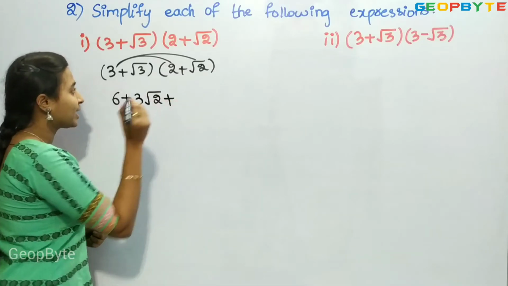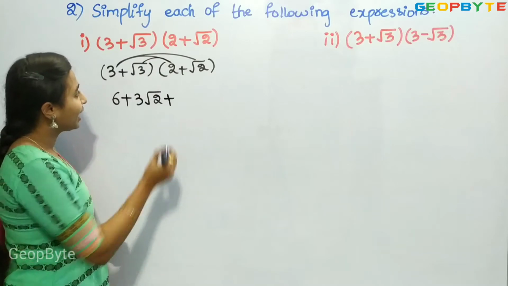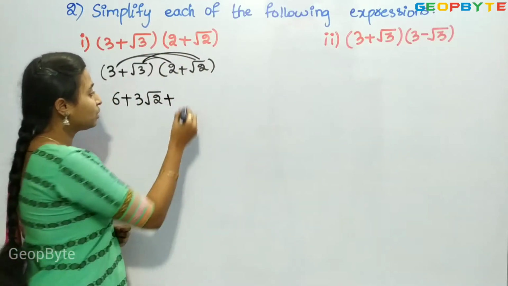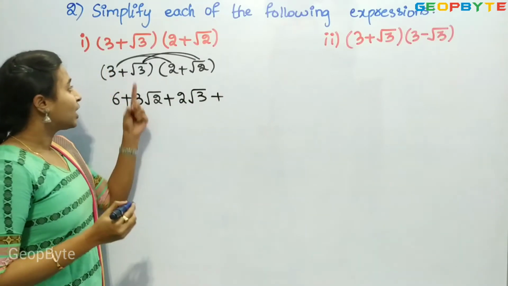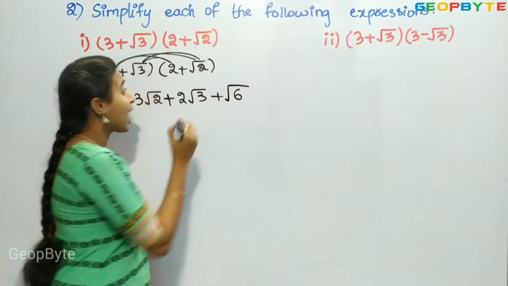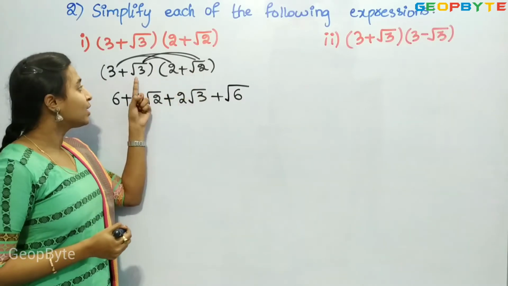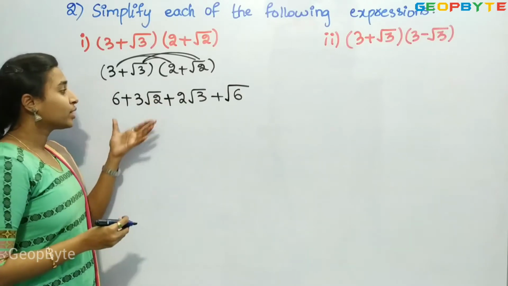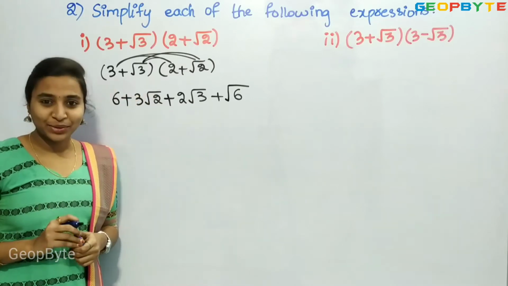Now, plus we need to multiply root 3 and 2, and again root 3 and root 2. Root 3 into 2, 2 root 3, plus root 3 into root 2, root 6, as we have roots for both the numbers, they get multiplied. So 3 2s are 6 and we have it under root. Now this is the answer we get by multiplying these two numbers.